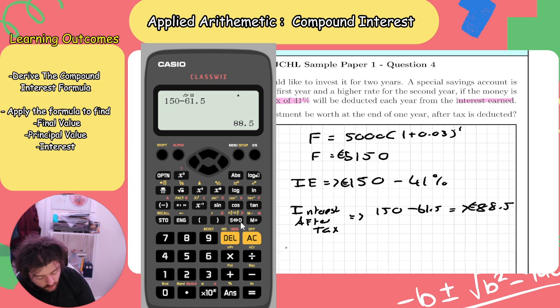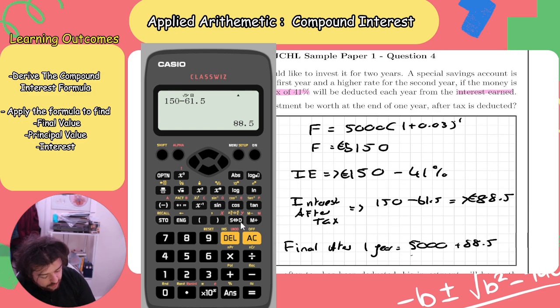Therefore, her final amount after 1 year is going to be her initial amount plus the 88.5. So it'll be €5,088.50. So that is how much she will be earning after tax is deducted from her interest earned.